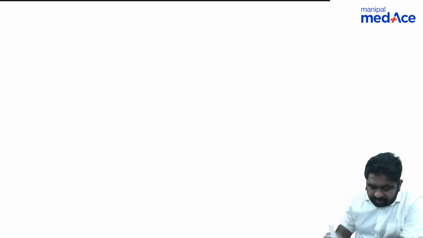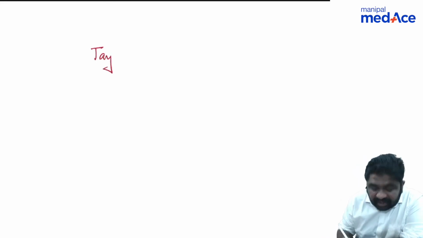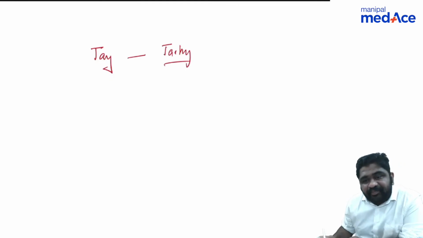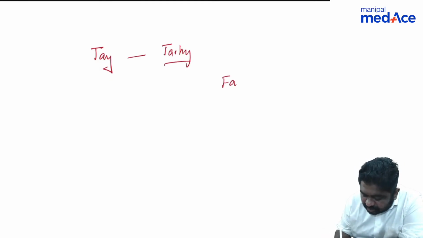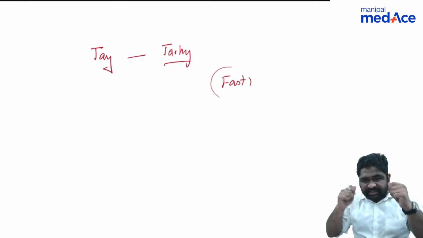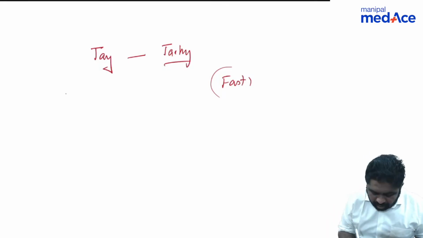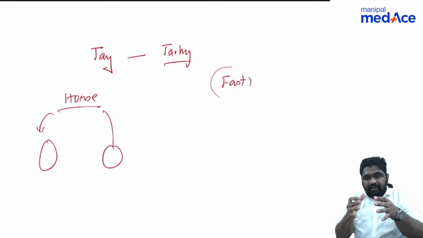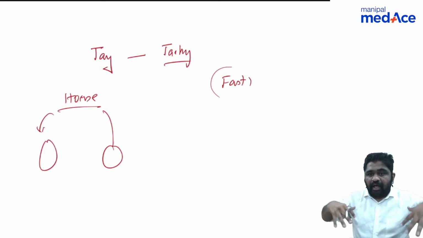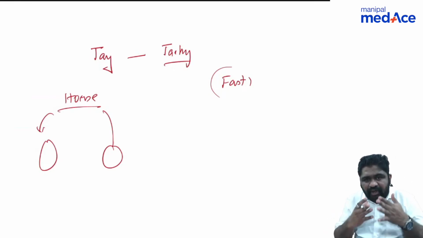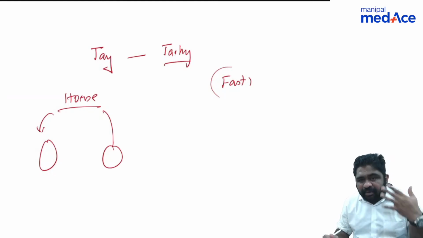How do I remember? See, Tay looks like tacky. Tacky means fast. Now, when I'm galloping on a horse, on the horse I'm keeping two bags. Two bags are heavy. When the two bags are heavy, the horse is still trying to run fast, but it is not reaching optimal speed.